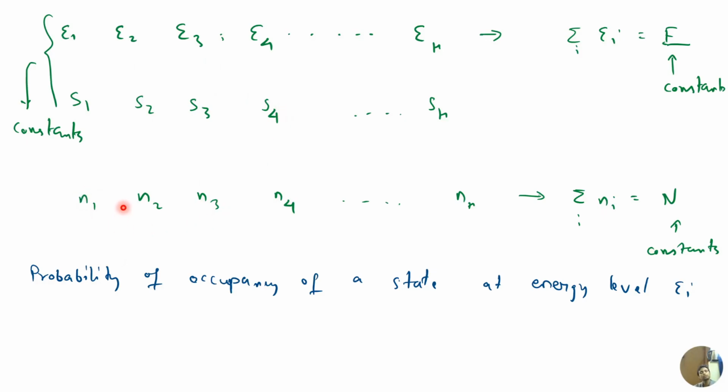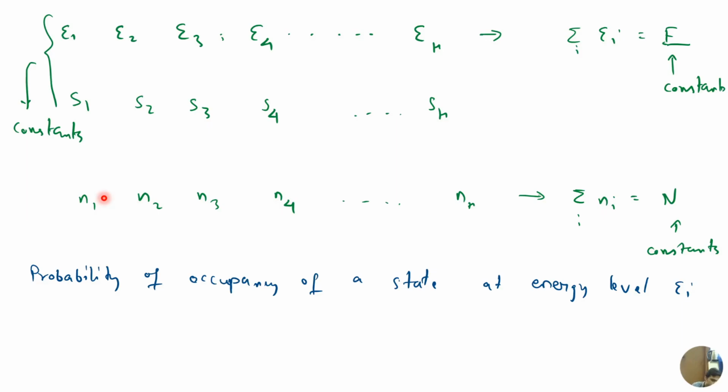Now we want to distribute n particles or n bosons in these energy states. So let's say E1 has n1 particles, E2 has n2 particles, E3 has n3 particles, and so on. Note that you cannot have more particles than the available states. So Ni is always less than or equal to Si.